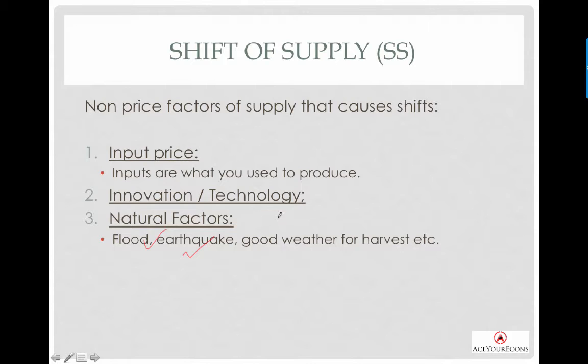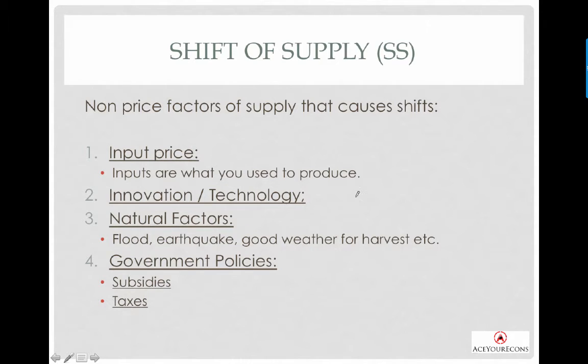With earthquake and flood, you are not able to produce at all, or not able to produce as much, and this is a non-price factor. These two will lead your supply curve to shift to the left. Similarly, with good harvest and good weather, you are able to produce more crops at the same price, and this will lead your supply curve to shift to the right.